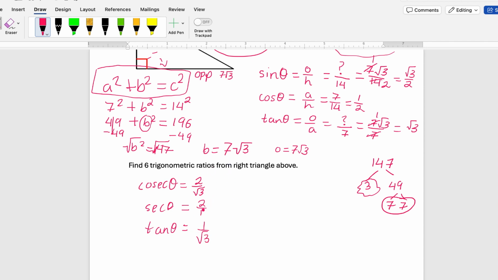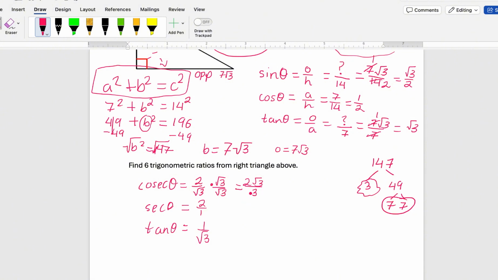Okay. Now the other thing that you need to be careful about is you cannot have a root on the bottom. So we need to simplify it. To simplify it, all I'm going to do is take my bottom and multiply by the same value. So if I have root 3, I'm going to multiply it on the top and the bottom, which is going to give me 2 root 3 on the top and root 9 on the bottom, which is the same as 3.